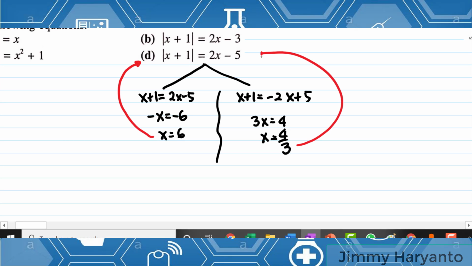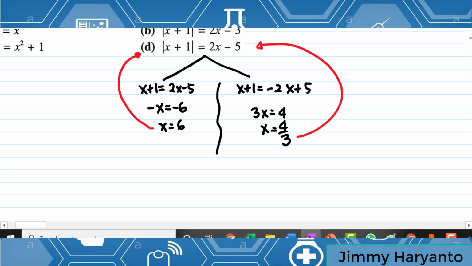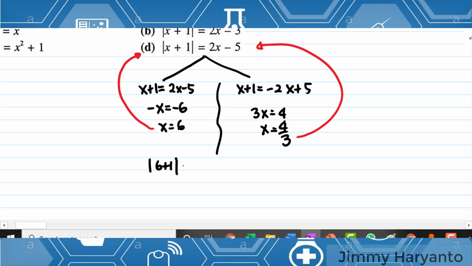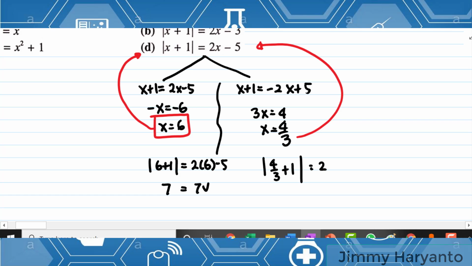Check your answer, okay? And then you will have absolute value of 6 plus 1 equals 2 times 6 minus 5. 7 equals 7 is correct, so this one is a solution. And for this one you have to check 4 over 3 plus 1 equals 2 times 4 over 3 minus 5.